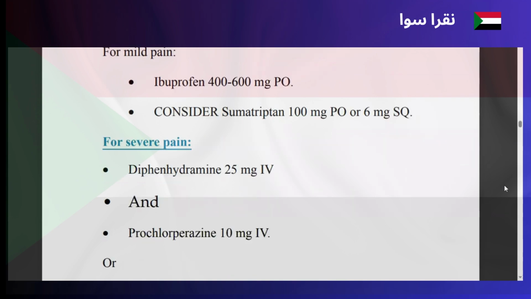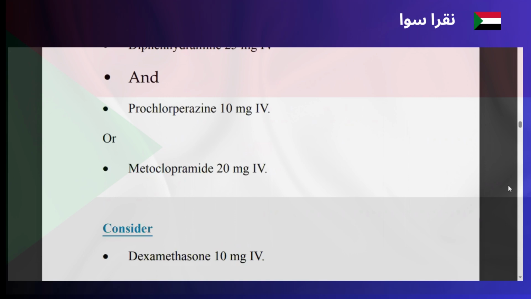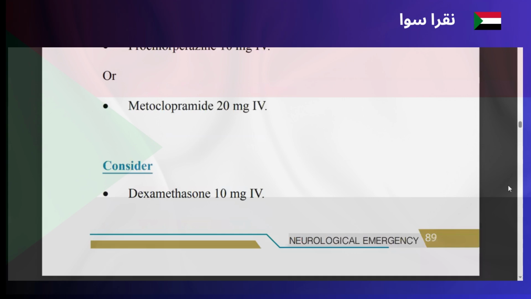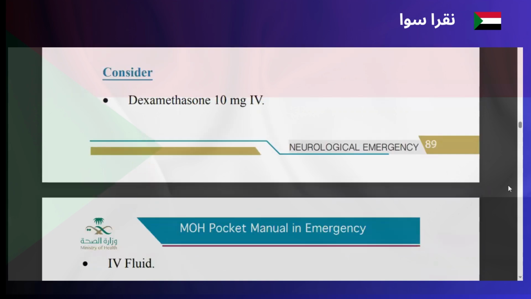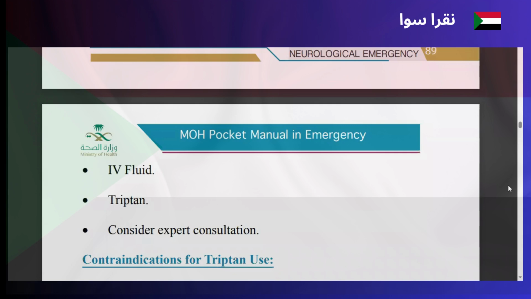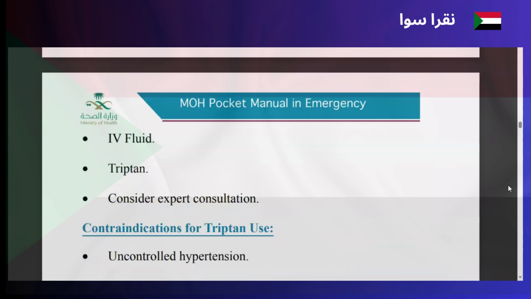For severe pain, diphenhydramine 25 milligram IV and prochlorperazine 10 milligram IV or metoclopramide 20 milligram IV, and consider dexamethasone 10 milligram IV and IV fluid, triptan, and consider expert consultation.